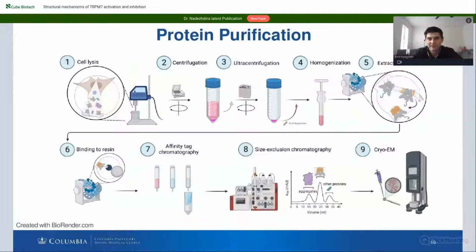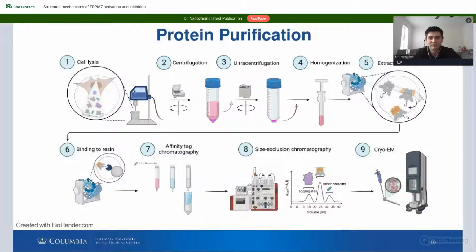Then we take this pellet and homogenize it with a Dounce homogenizer. Then we add detergent to extract the protein from the membranes. We add resin to the extracted proteins. Our protein has a specific tag, so only our protein binds to the resin.